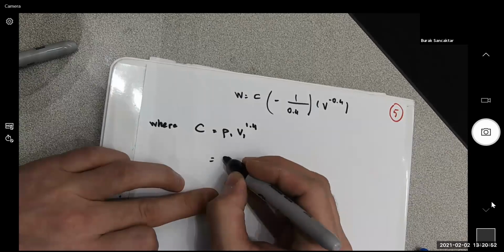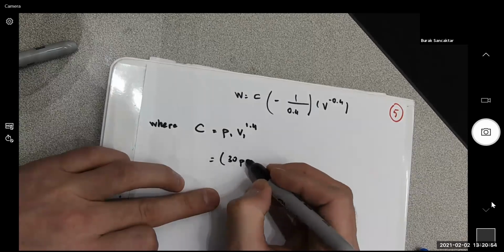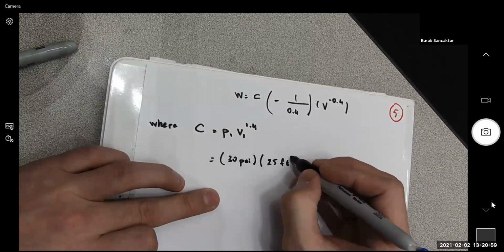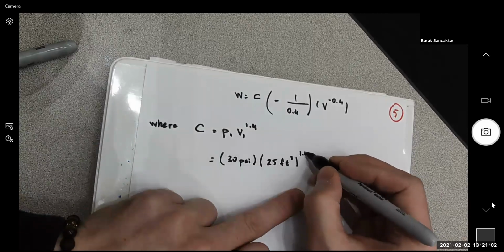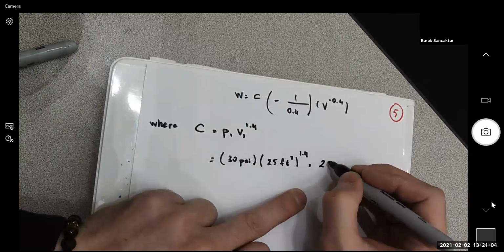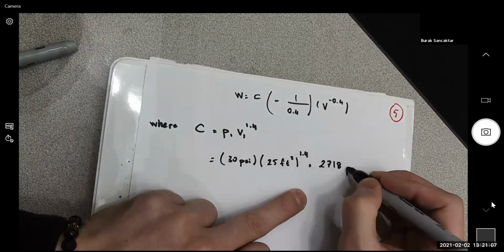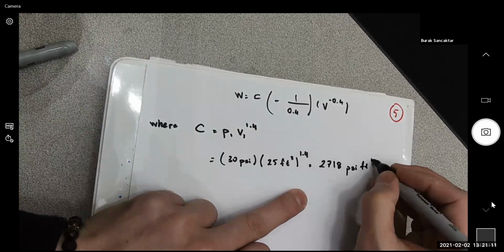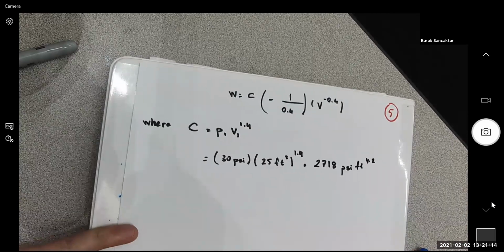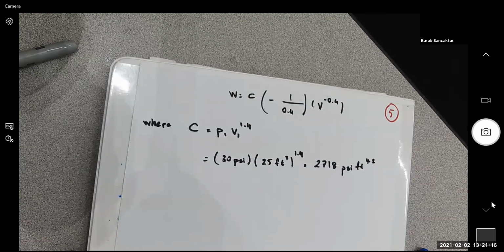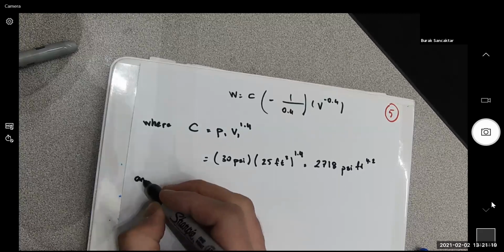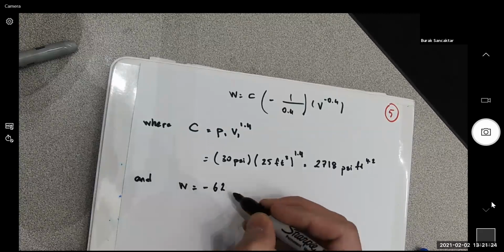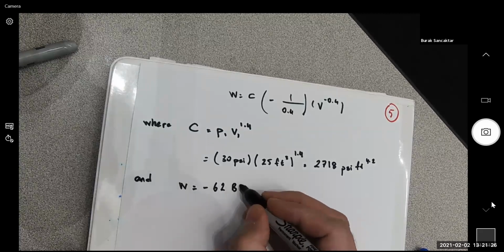Equals 30 psi times 25 to the power of 1.4, which is 2,718 psi feet to the power of 4.2. And work is given as minus 62 BTU.